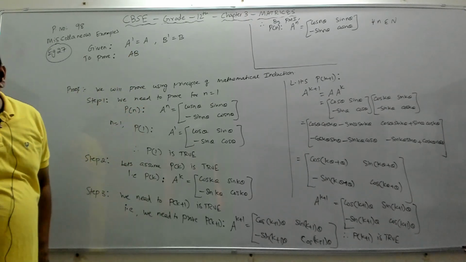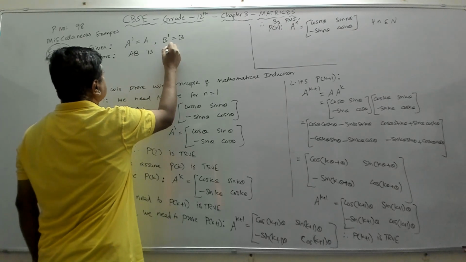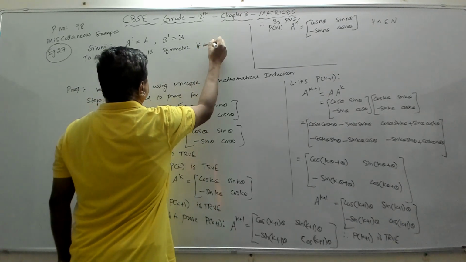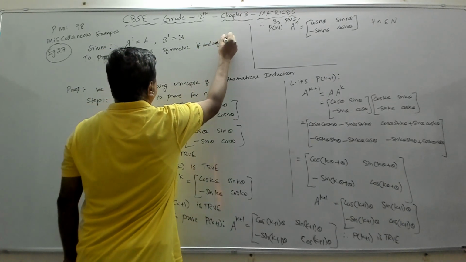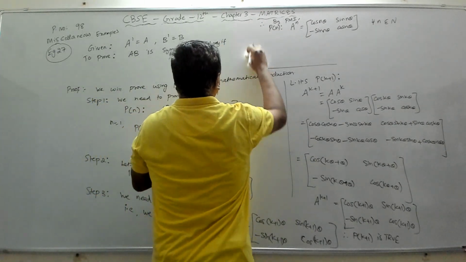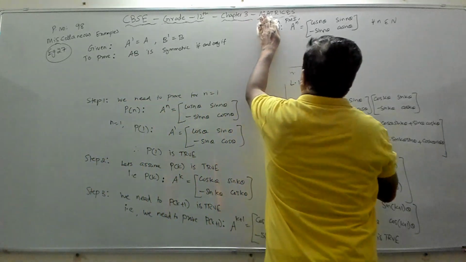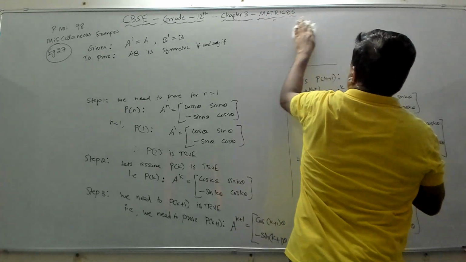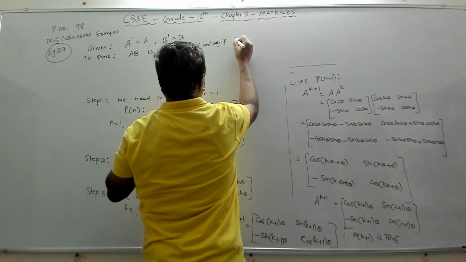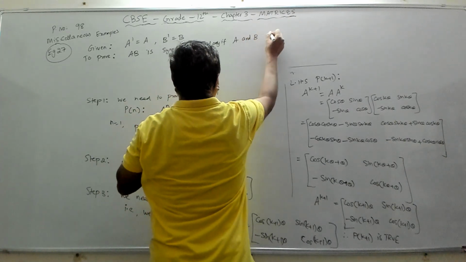To prove is AB matrix is symmetric if and only if matrix A and matrix B commute.